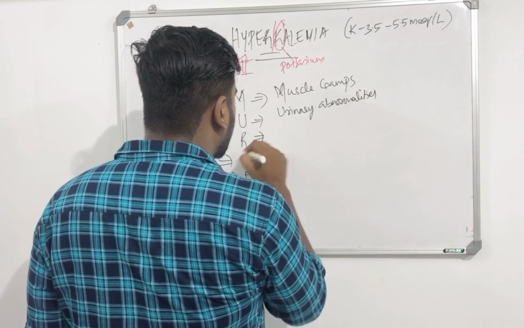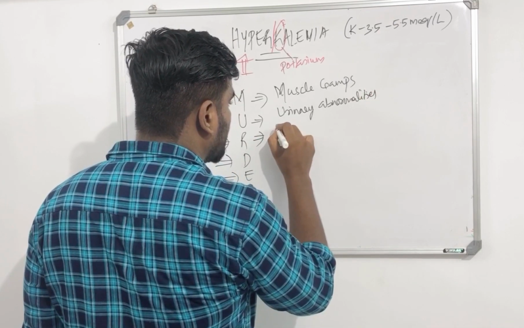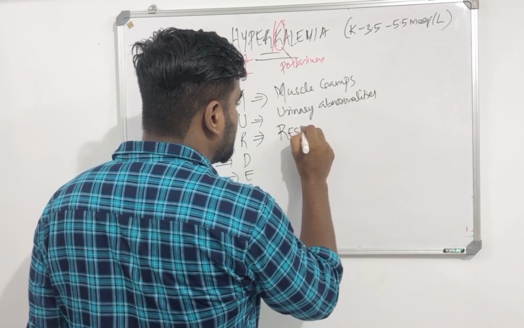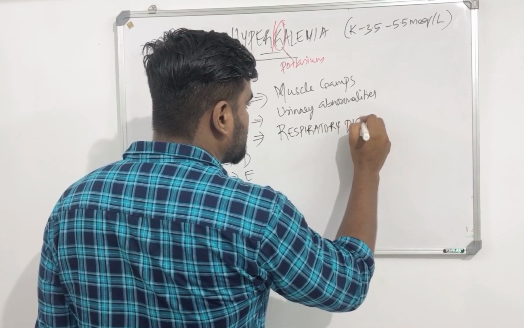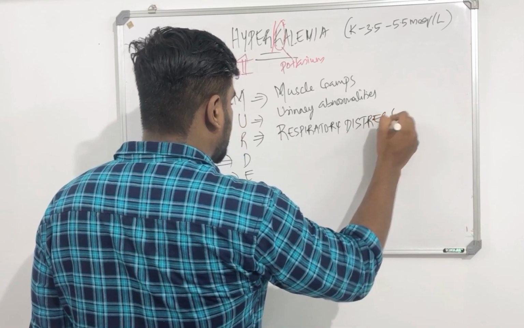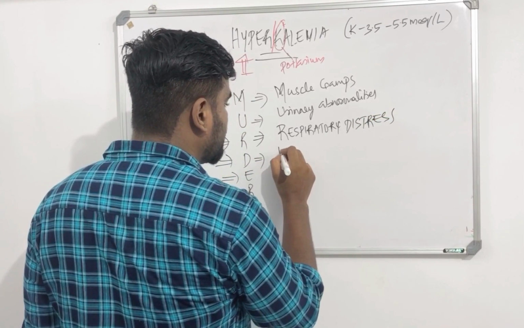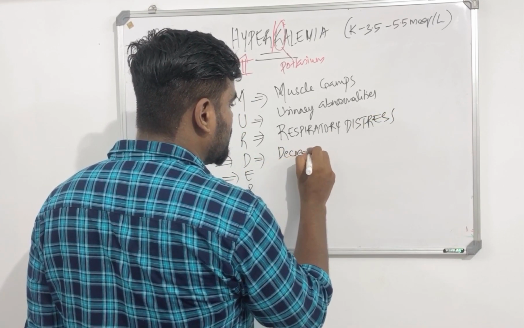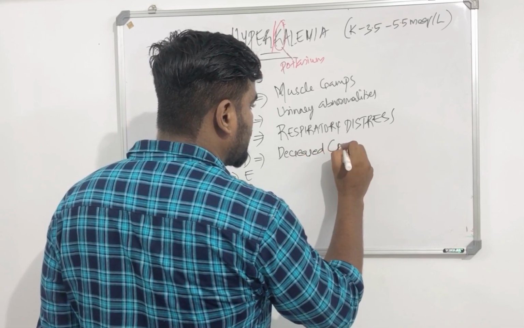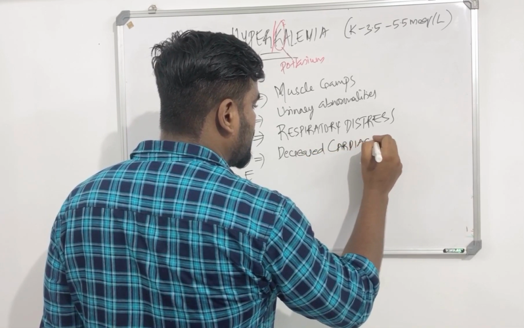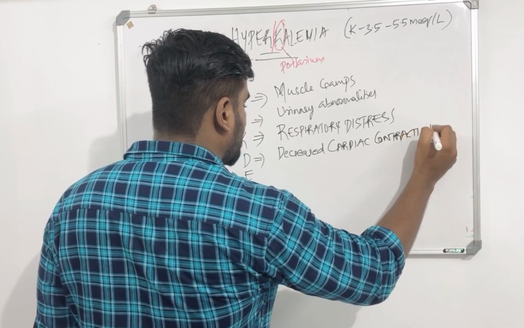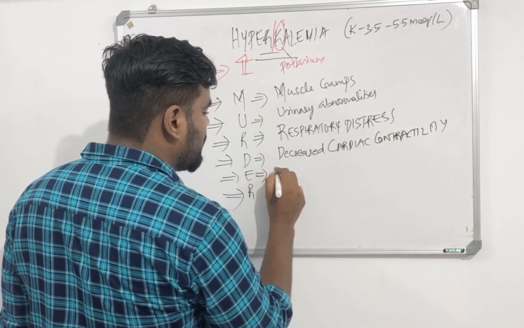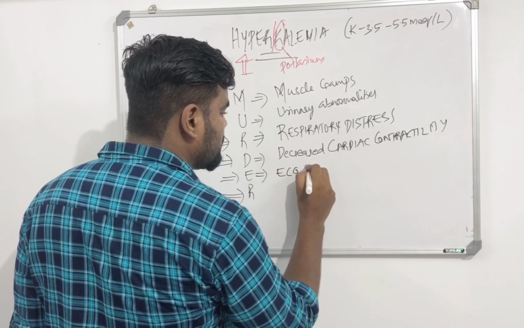R for respiratory distress. D for decreased cardiac contractility. And E for ECG changes.